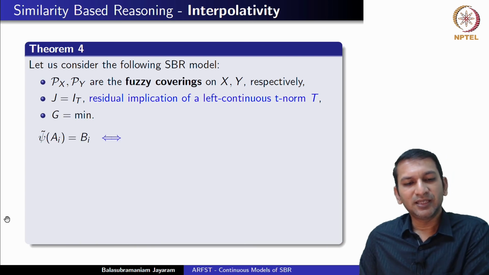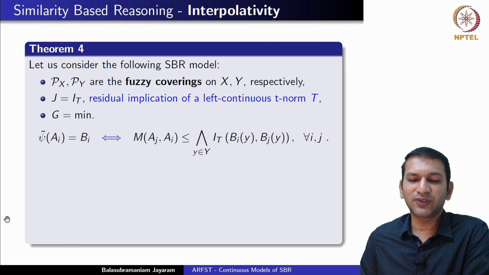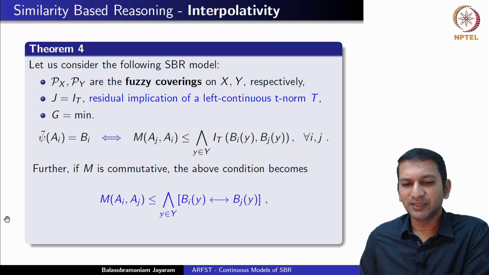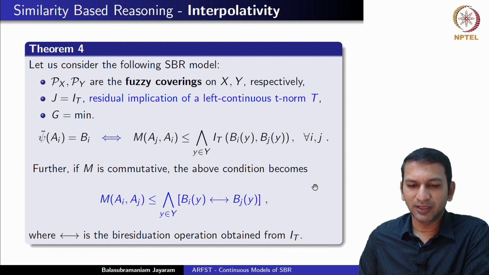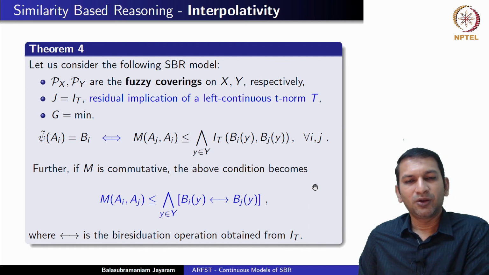Then we say this psi tilde that we obtain from SBR is interpolative if and only if it satisfies this inequality. We have also shown that if M is commutative, then that inequality turns out to be this, where this is the biresidual.